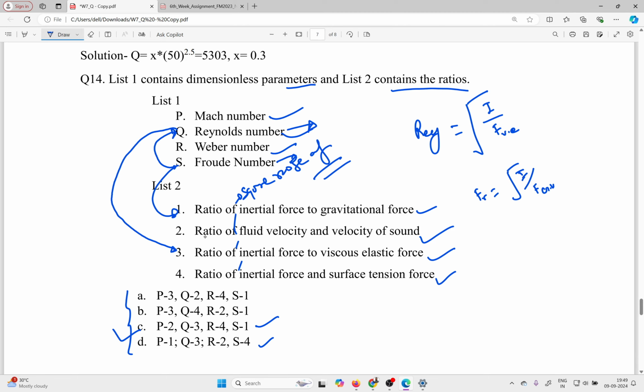The Mach number is the ratio of fluid velocity and the sound velocity. Remember please, the Mach number we use whenever we compare things with sound velocity, like a rocket launch. Generally the mechanical people and the aerodynamic people use these things, but as a civil engineer I think there is very little use of this Mach number.